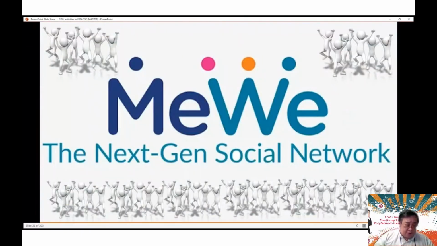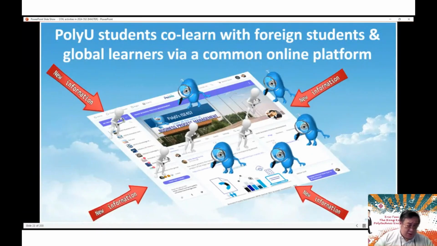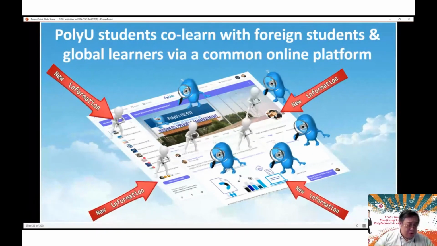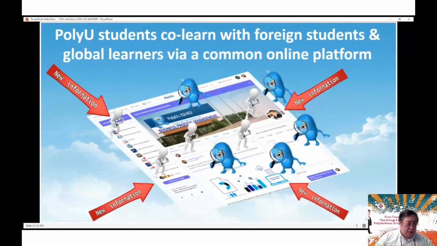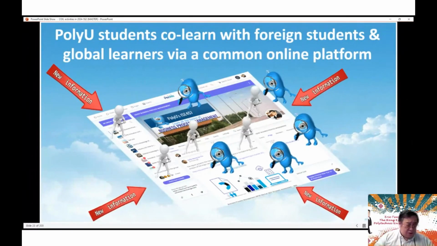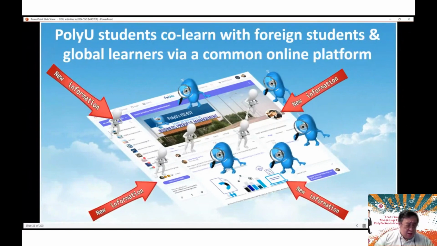I mentioned asynchronous collaboration. For me and my students, there are many platforms you can choose, but we happen to use the MeWe platform, mewe.com, which is a simple collaboration platform.